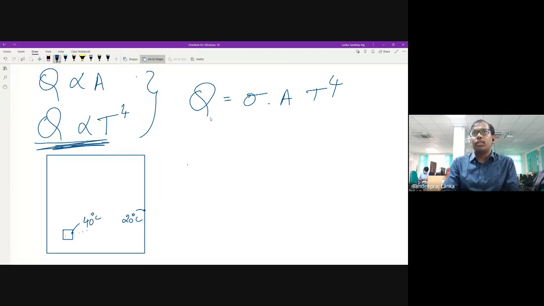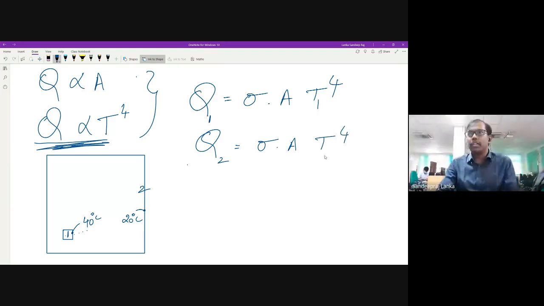Now, when I write Q = σ A T^4, what it is saying is Q emitted by a given body. You have body 1 and body 2. If I write it for Q2, it is σ A T^4.